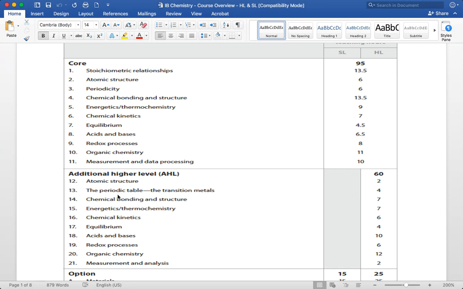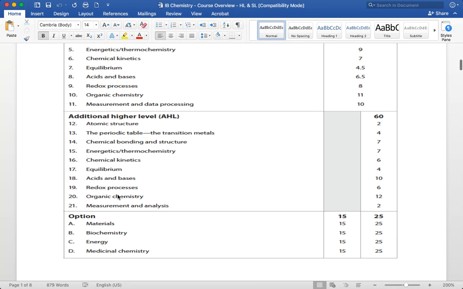So rather than doing different topics, the higher level class does extra, more in-depth, more complex material about the same topics as the SL class does. And usually it involves a bit more calculation, some more equations, a bit more complex material.